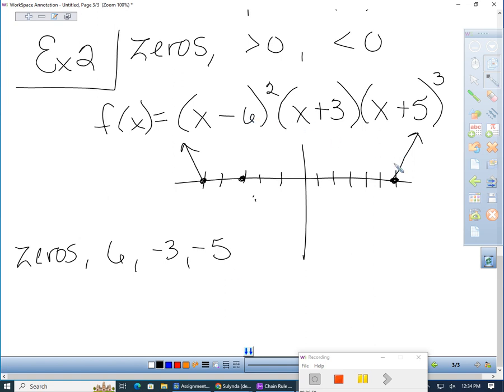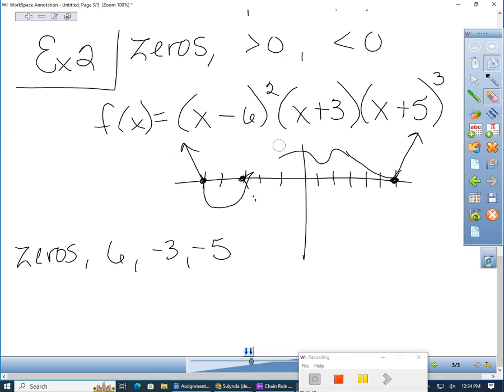This one has to bounce off of here because it's an even multiplicity. It's going to do something in between here. Cross through and cross through. So it's got to have 1, 2, 3, 4. I have 1 too many, so I went down here. There's 1, 2, 3, 4, 5. There we go. Something happening in between there.